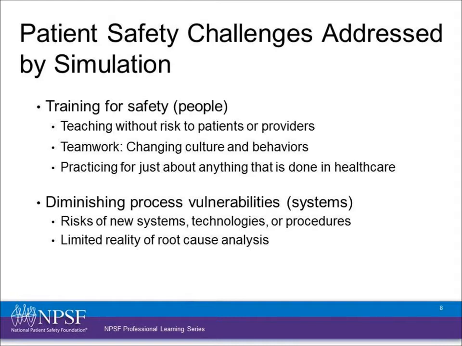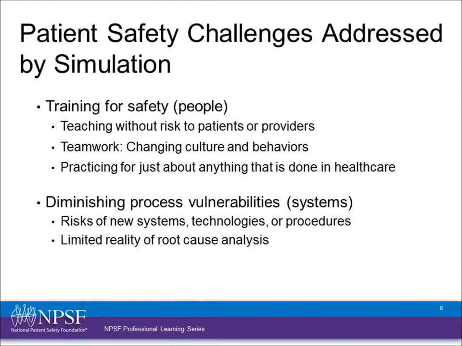If we're talking about using simulation for people, it's obviously a way to teach without risk to patients or providers. We don't want people practicing on us, so we shouldn't be practicing on others either. The simulations and simulators that are available now allow all kinds of teaching of procedures and techniques without any risk to patients or providers. Simulation is great for teamwork.